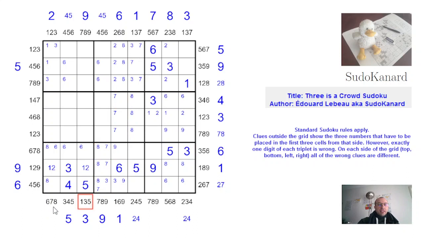So we are left with 6, 7, and 8. All 3 of them are still possible in here. So the liar here is from 7 and 8. The liar here is from 6 and 8. And this is not quite helping at this point. Here the liar is from 7, 8.